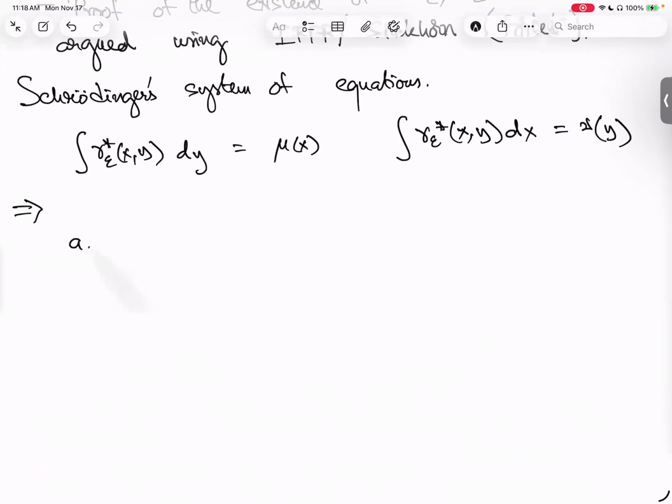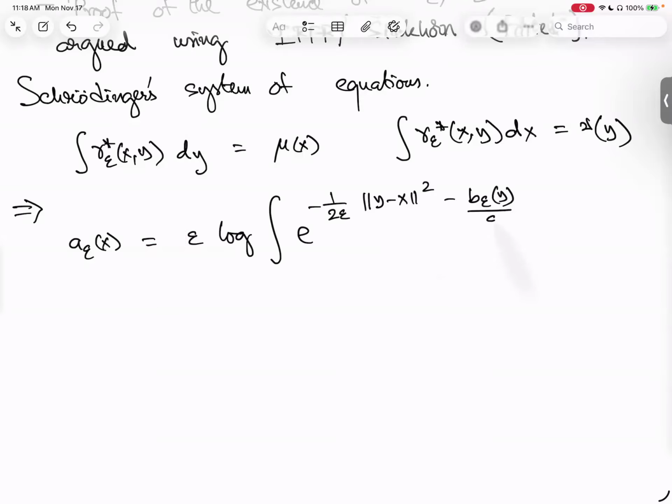One is a epsilon of x is equal to epsilon log integral e to the power minus 1 over 2 epsilon norm of y minus x squared minus b epsilon of y over epsilon, nu of y dy.